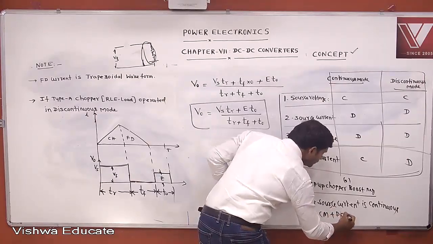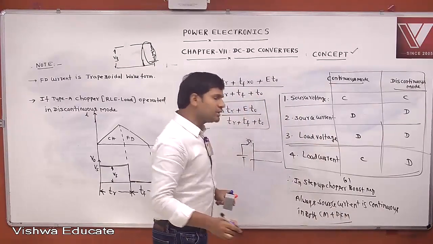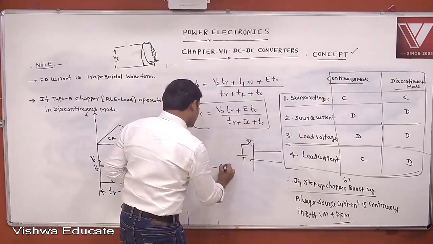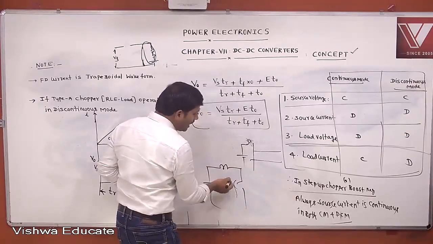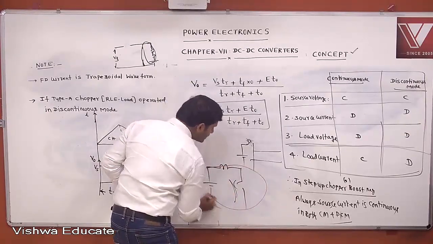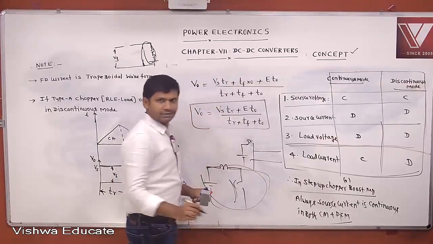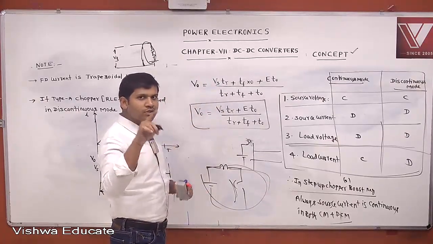Because this is a step-up chopper, source is connected like this. If the chopper is on or chopper is off, always source is connected. That's why source current is continuous. I'm talking about source current.